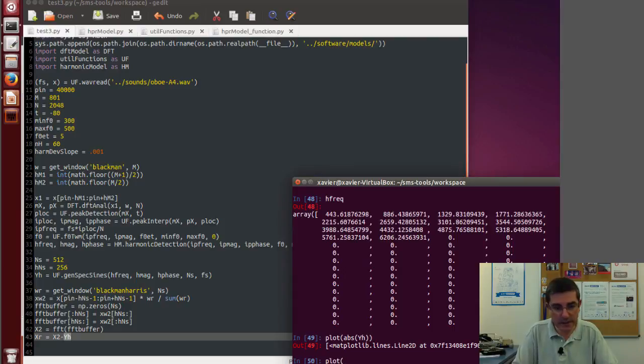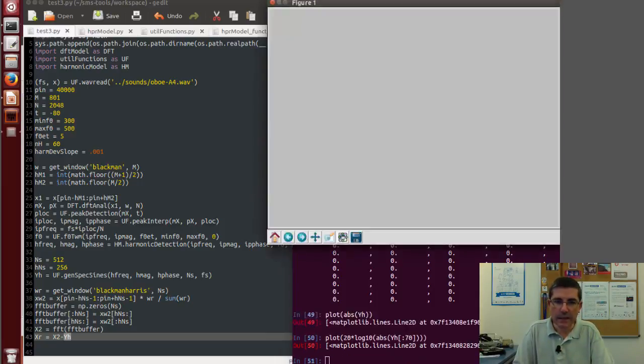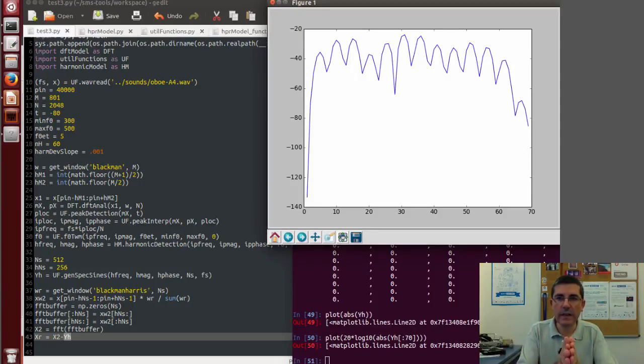So we will just plot 20 times log 10 of the absolute value of YH, and let's take only, let's say, the first 70 samples, from the beginning to sample 70. So we focus on the first harmonics, which are the ones that we have generated. Okay, so these are the harmonics that we have synthesized. This is the synthesized spectrum.